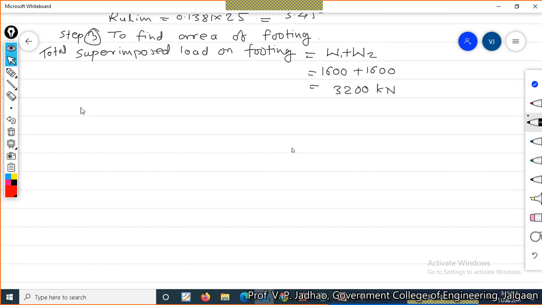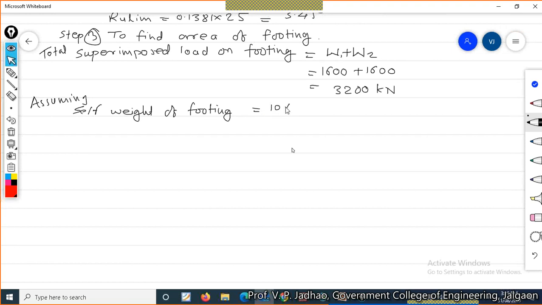So we will be assuming the self weight of this footing is 10% of the total superimposed load on the footing.